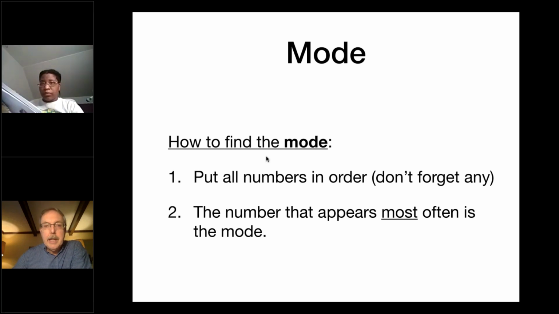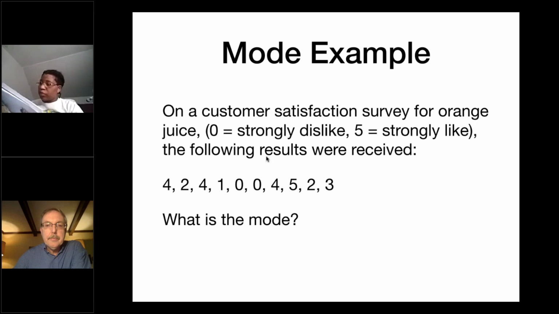Okay, so let's look at an actual example. Let's say we have a customer satisfaction survey. It's one of those surveys where you put a 0 if you really don't like it at all, a 5 if it's so good that you can't live without it, and something in between if your opinion is a little different.